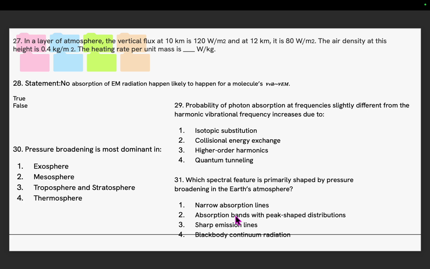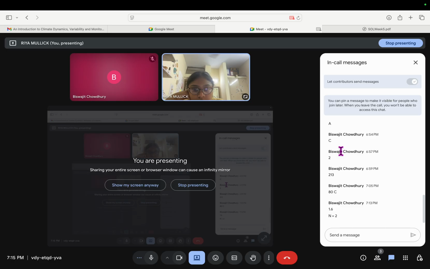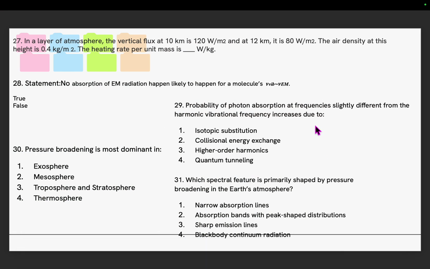This statement is true or false? False. Yes, this statement is false. We will discuss it after this discussion.